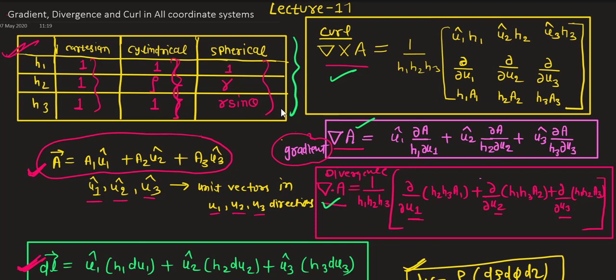While applying these formulas, you should know what theta is, what phi is, what the direction of rho is, and what the direction of z is. All of these things we discussed in the previous lectures. Otherwise I could have given the direct formulas instead of spending all those previous lectures, but it is very important to understand the theory just before the formulas. Hopefully you will be applying these formulas and be able to solve the problems much faster now.